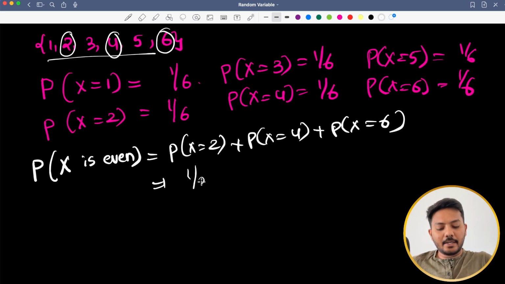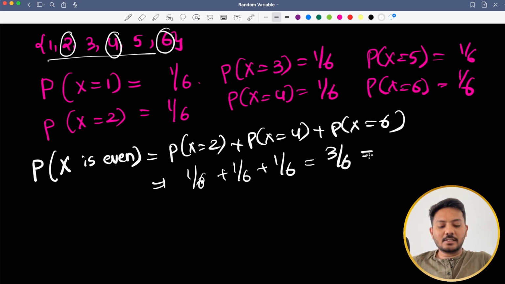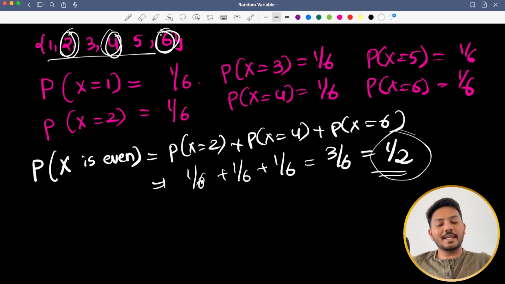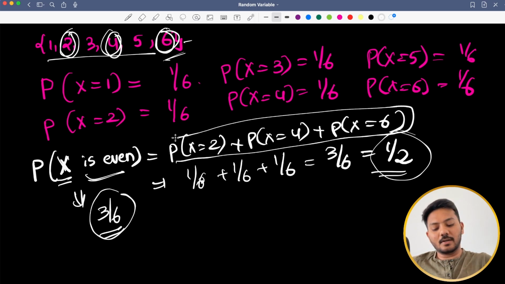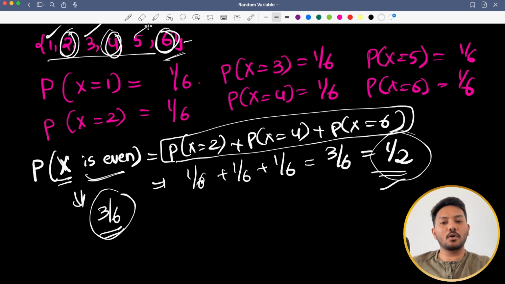So this would be 1 by 6 plus 1 by 6 plus 1 by 6, which is 3 by 6 equal to 1 by 2. Because we have 3 elements which are even such that x can get, because we have a condition of even, and total 6 elements, this is equal to 3 by 6, which in turn equals 1 by 2, right? So probability of x being even is 1 by 2, and probability of x being odd is also 1 by 2 because we have equal chances of even and odd.